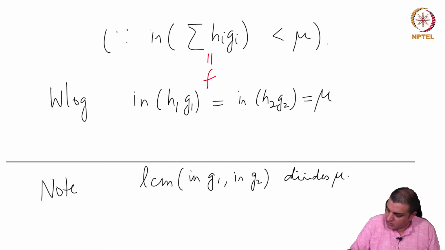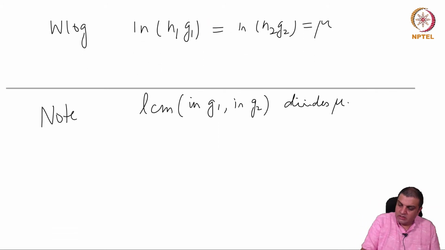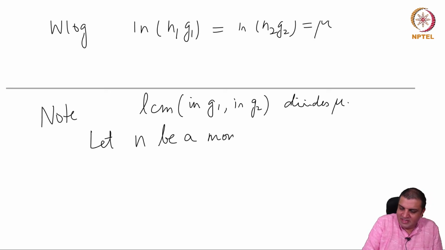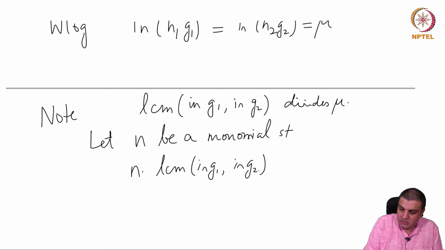So let n be the monomial such that n times the LCM equals mu.